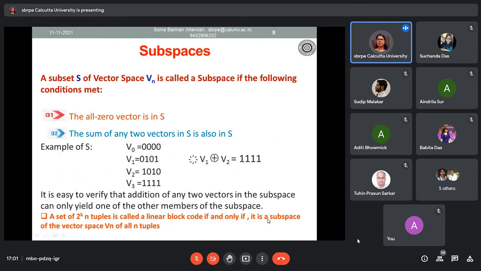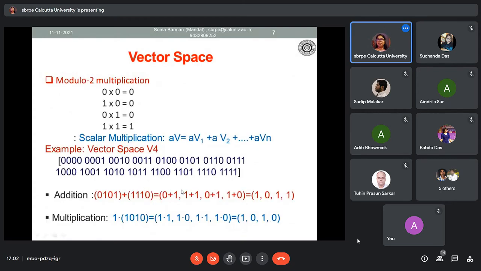So subspaces. I have already mentioned the subspace, in terms of a set and subset. A subset S of the vector space Vn is called a subspace if the following conditions are met. Here your vector space is V4, and within V4 this may be a subset, this may be a subset, this may be a subset.